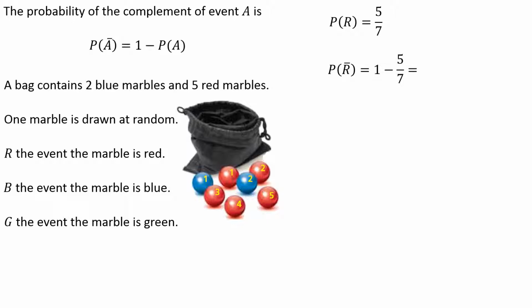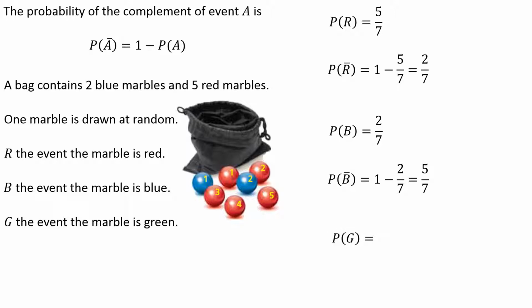Well, if we know that 5 sevenths of the time they're red, 1 minus 5 sevenths is 2 sevenths, so the probability of them not being red is 2 sevenths. Probability of blue. 2 out of 7 are blue. Probability of not blue. Well, I start with 1, I subtract 2 sevenths, I get 5 sevenths. Sure enough, 5 of the 7 are not blue.